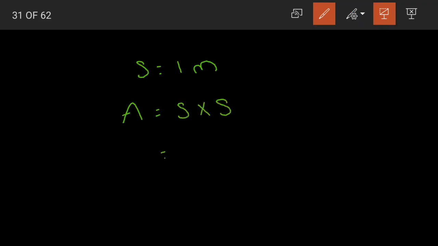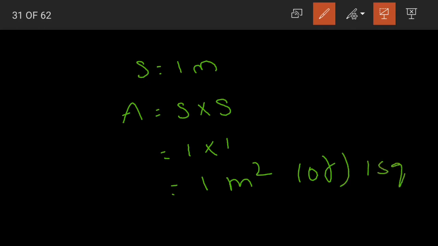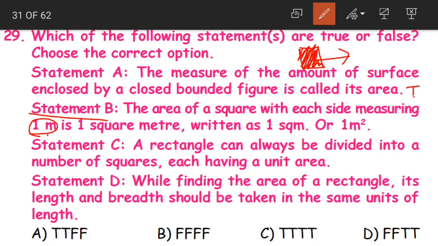S into S, that is equal to 1 into 1. 1 ones are 1. And what will be the unit of measurement? 1 meter square or 1 square meter. Isn't this correct? Yes, this is how we find out the area, and even in the statement the same numbers are given. So statement B is also true.